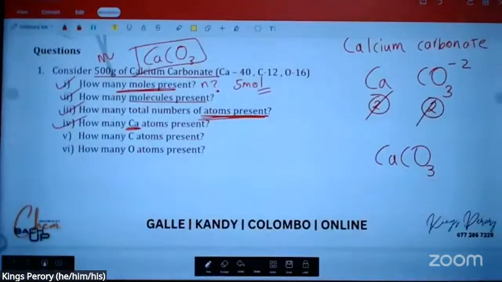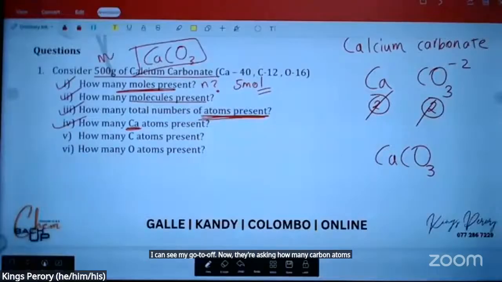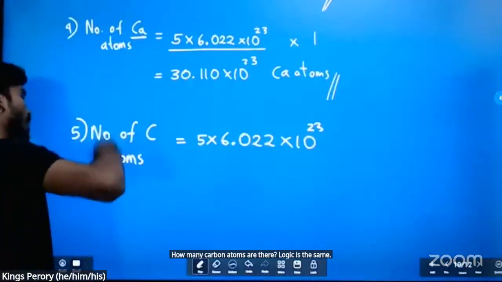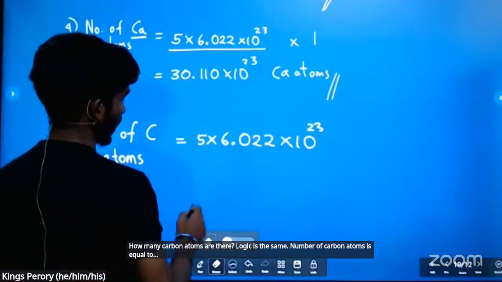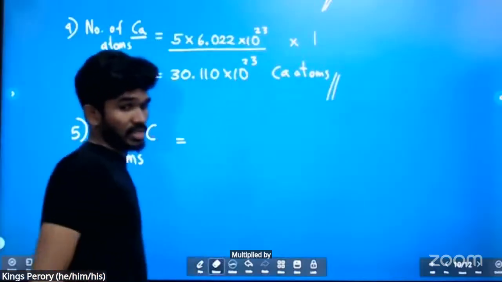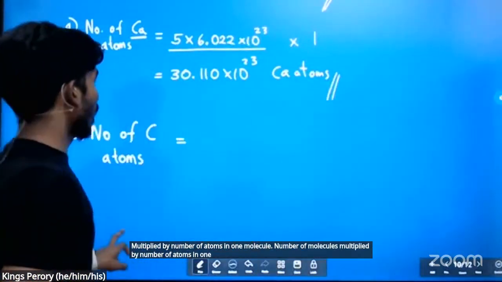You can see the mic got off. Now they are asking how many carbon atoms are there. Logic is the same. Number of carbon atoms is equal to number of molecules multiplied by number of atoms in one molecule. How many molecules are there?